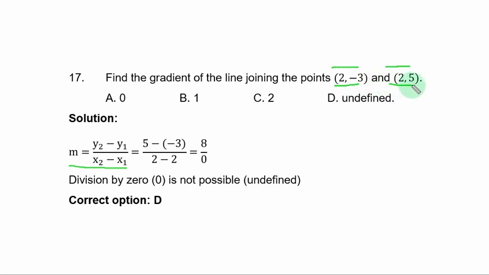So if you replace the respective values in the formula, you have this result. 5 minus -3 is 8. 2 minus 2 is 0. So you have 8 over 0. You cannot divide anything by 0. So the gradient is undefined. D is the correct option.